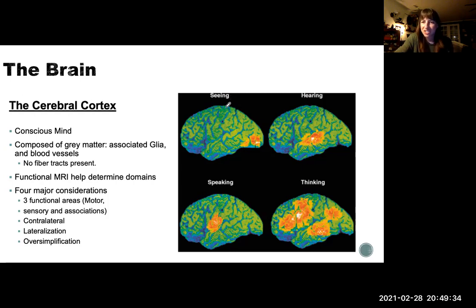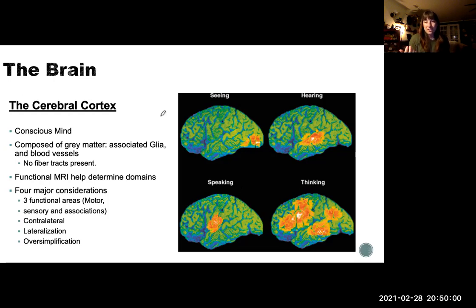particular functions, right? So the major functional areas besides these fun ones are your motor areas, your sensory areas, and your associative areas, or your association areas. So the motor cortex is the part of your cerebral cortex that sends information from the brain to your muscles and viscera.